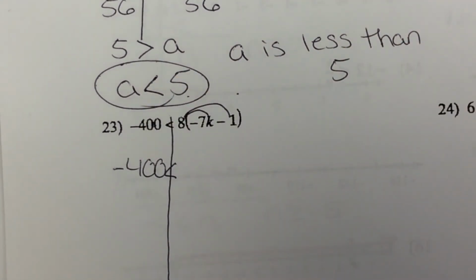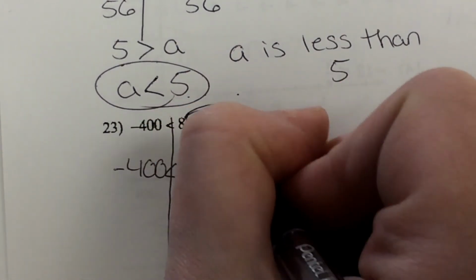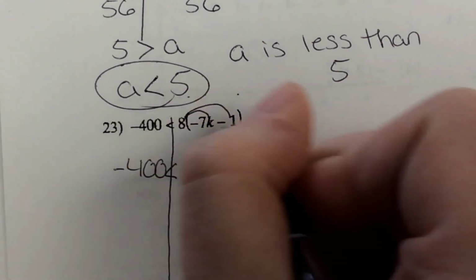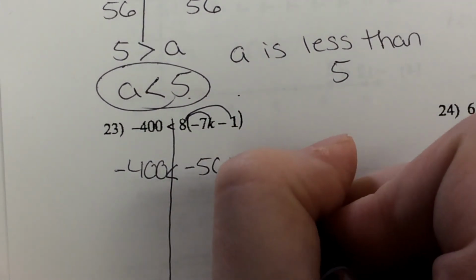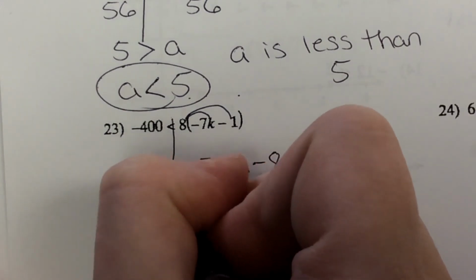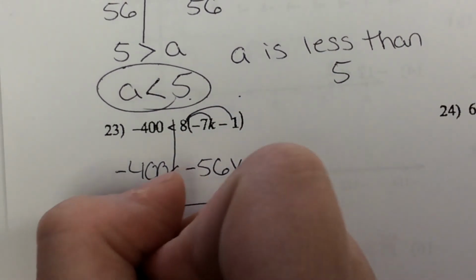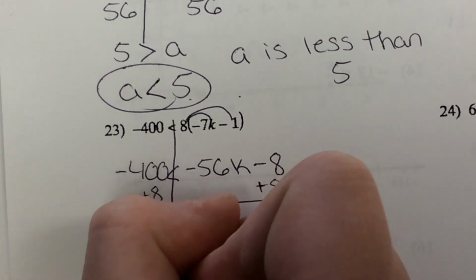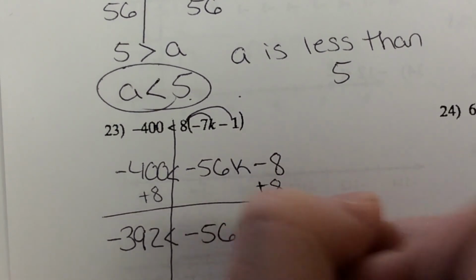So we're going to have 8 times negative 7 makes a negative 56k. And then 8 times negative 1 is minus 8. Okay, let's go ahead and solve. So plus 8, we have negative 392 is less than negative 56k.